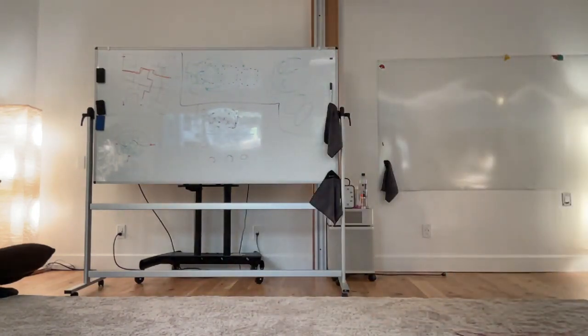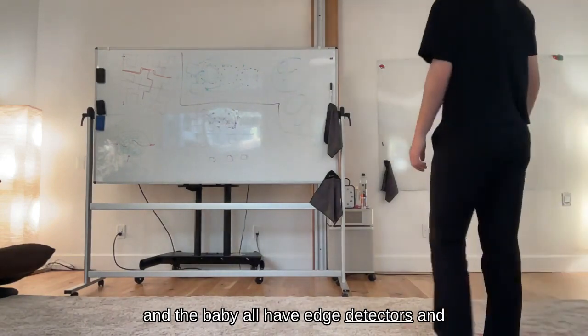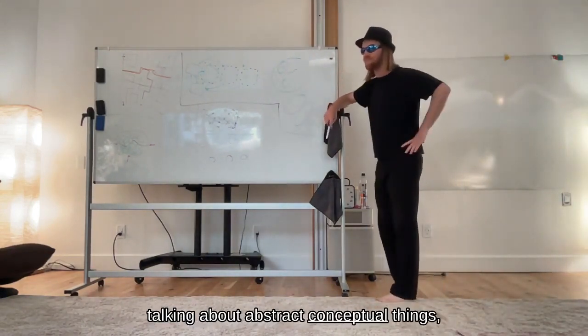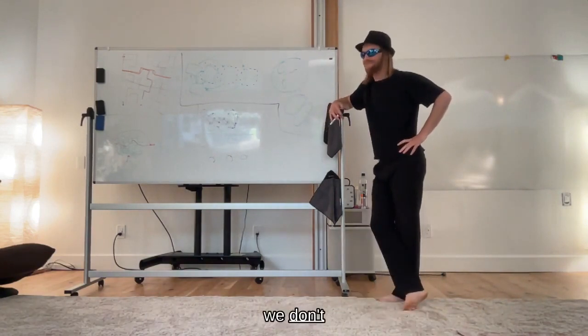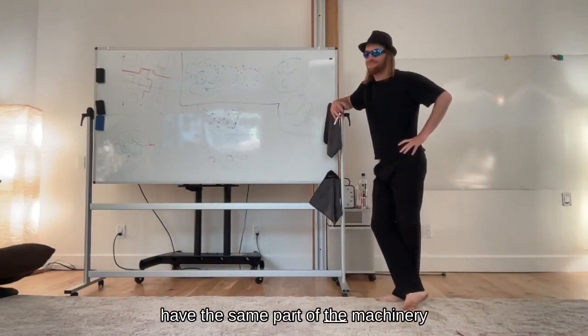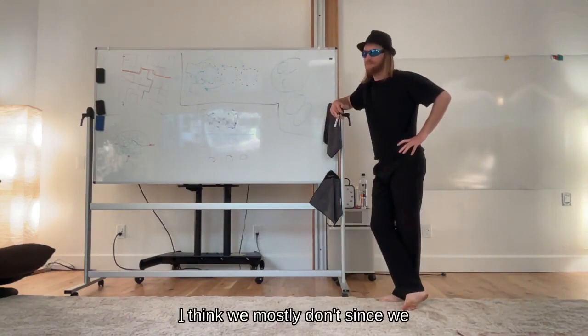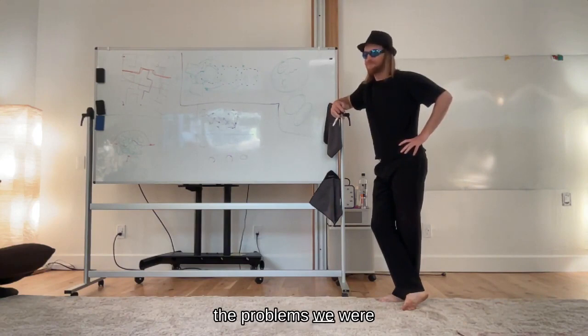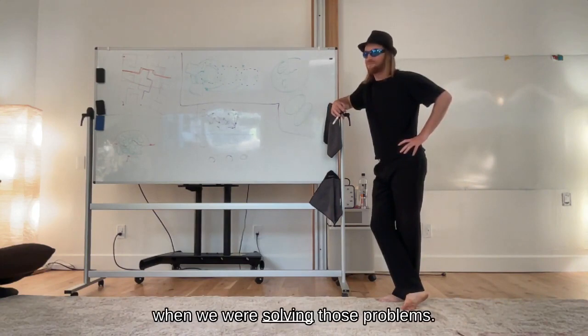This is easy, or it's the case that you and I and the baby all have edge detectors and color vision. Mm-hmm. Once we start talking about abstract conceptual things, we don't have the same parsing machinery necessarily. Yep. In fact, I think we mostly don't, since we needed to grow it from scratch given the problems we were solving and our cognitive profiles when we were solving those problems.